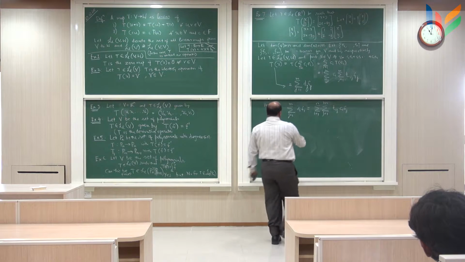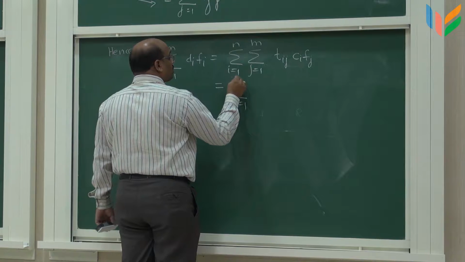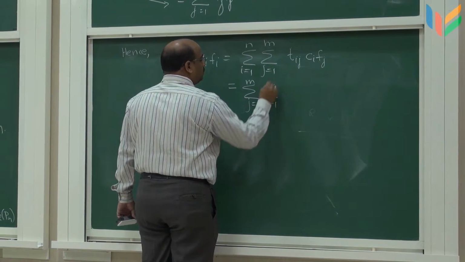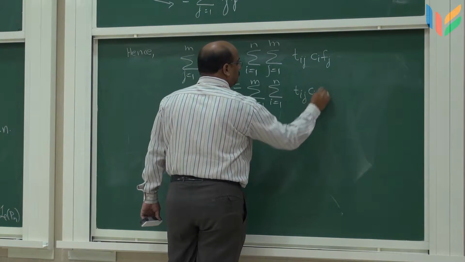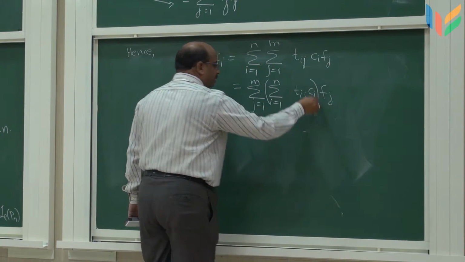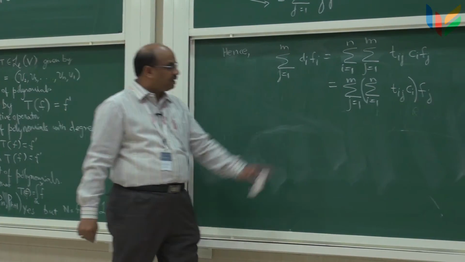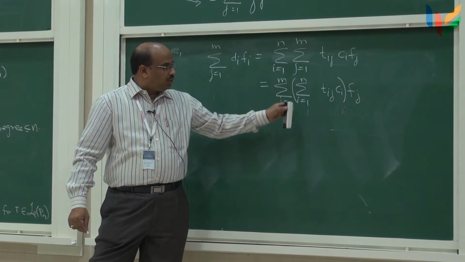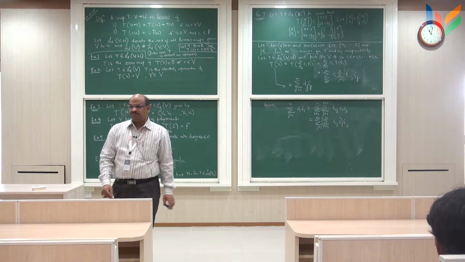So therefore, I can do this. And in fact, I want to put parentheses here. Of course, the outcome is going to be dependent on i, but the quantity in the parentheses is not going to be dependent on i because we are summing over i, okay?